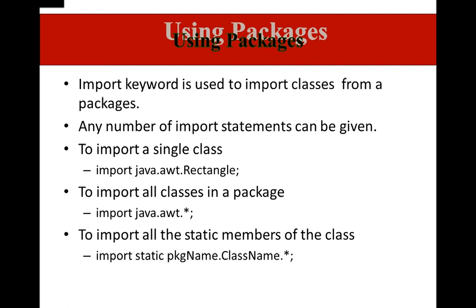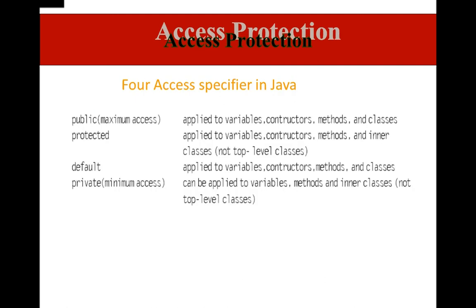Coming to access protection, there are 4 access specifiers in Java: public, protected, default, private. Public is applicable for variables, constructors, methods and classes.